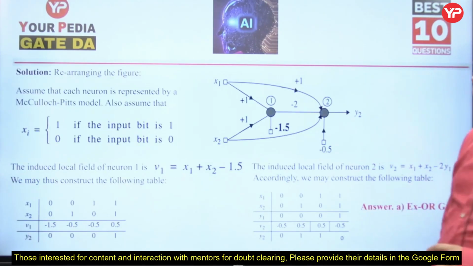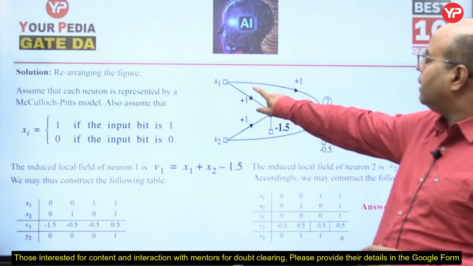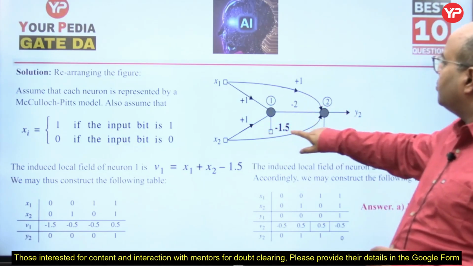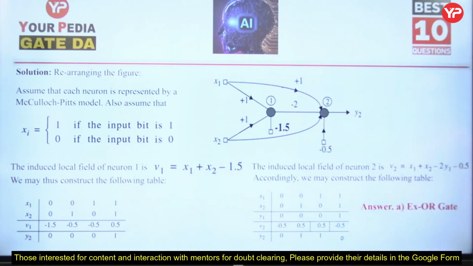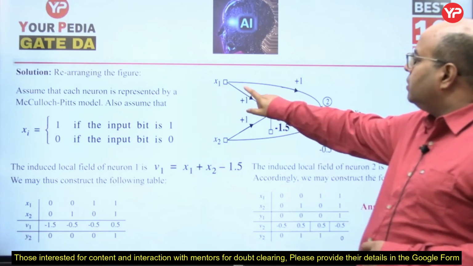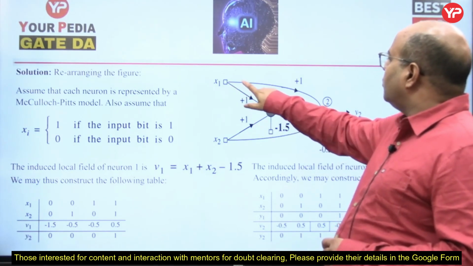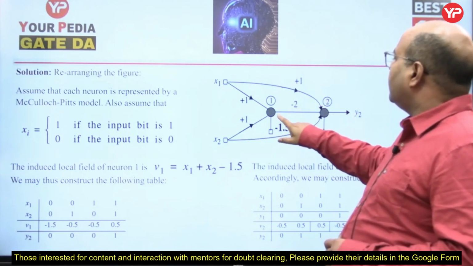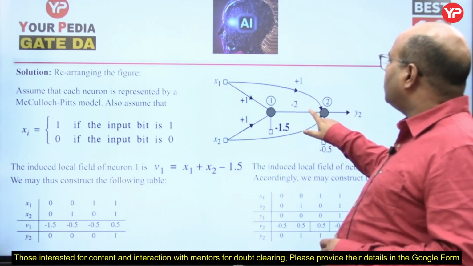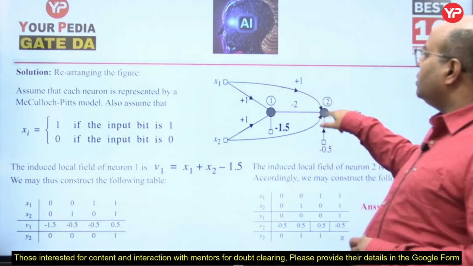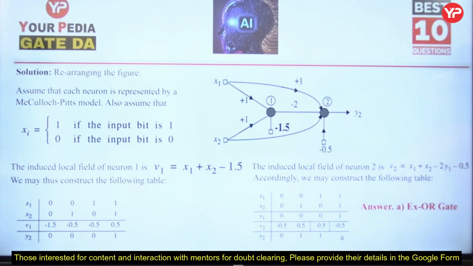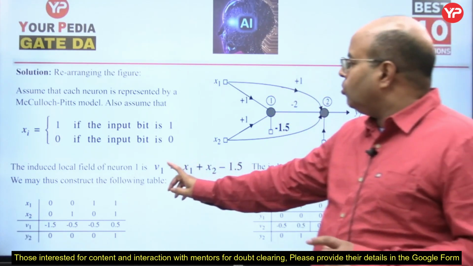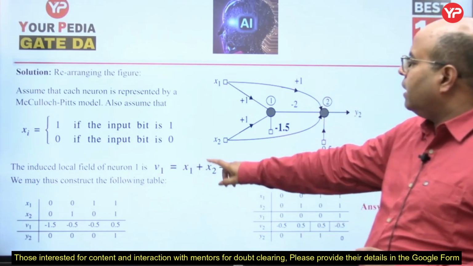So you see, first we can redraw the diagram like this. Now here it's clearly visible that x1 will be plus 1, then it is coming here also. Similarly, there is a bias of minus 1.5, then minus 2 given. Once you travel through it, you will get two charts like that.